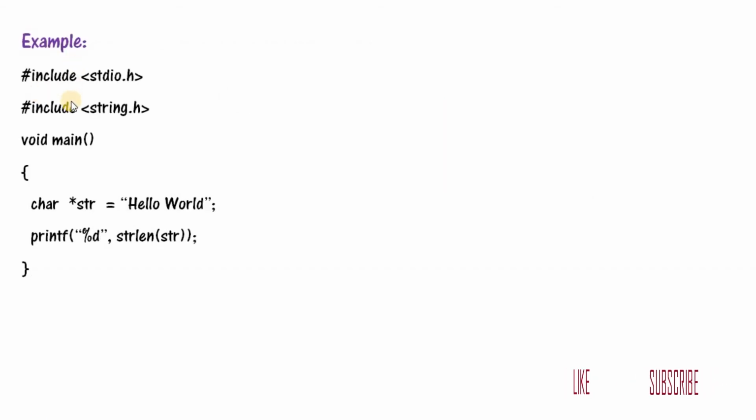Here we can see we have the main method. Within this main method we have a pointer to a character, and we are simply passing a string literal to it, that is hello world, and we want to determine the length of the string. So we are passing the string to strlen.